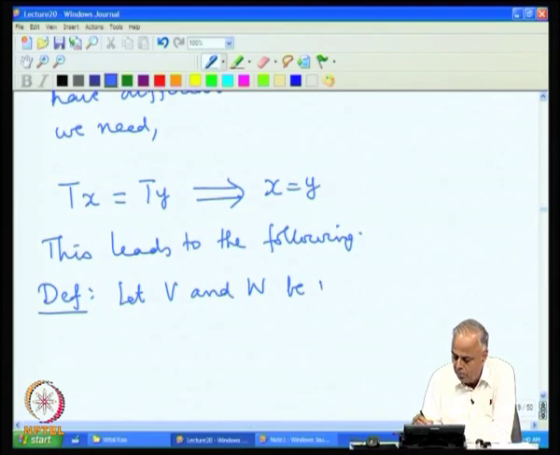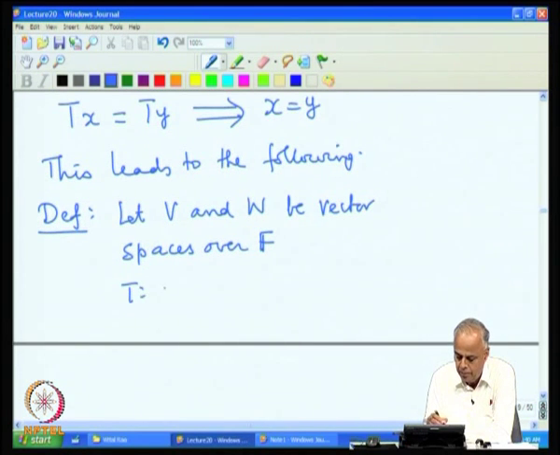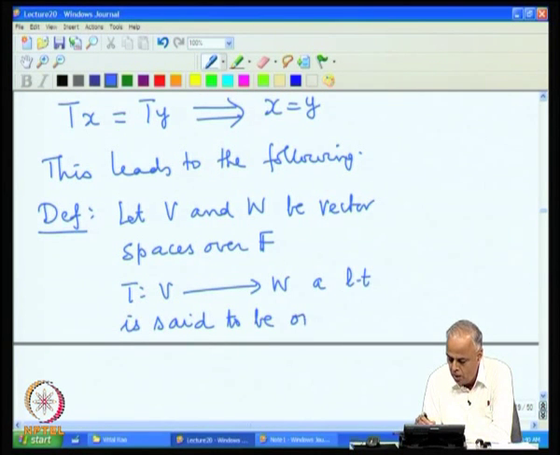So, let V and W be vector spaces over F. T mapping V to W, a linear transformation, is said to be 1-1 if T x equal to T y implies x equal to y.